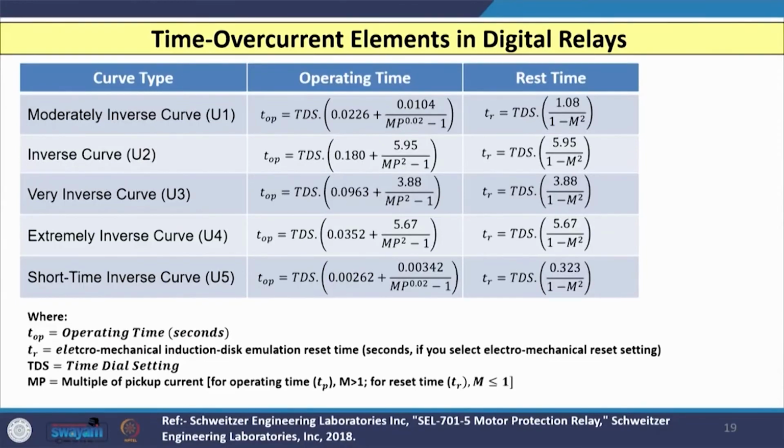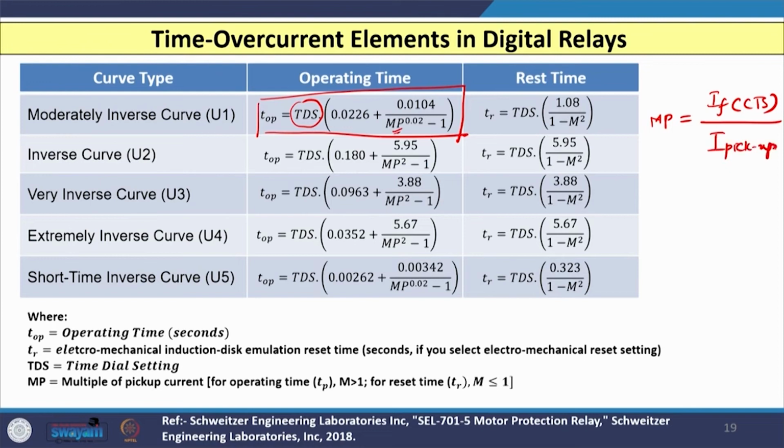So, if I use moderately inverse curve, then to calculate the time of operation of the relay, this equation is used. In this equation TDS indicates time dial setting, whereas MP indicates multiple of pickup current, which is nothing but the ratio of fault current referred to CT secondary divided by pickup current of the relay or plug setting of the relay.